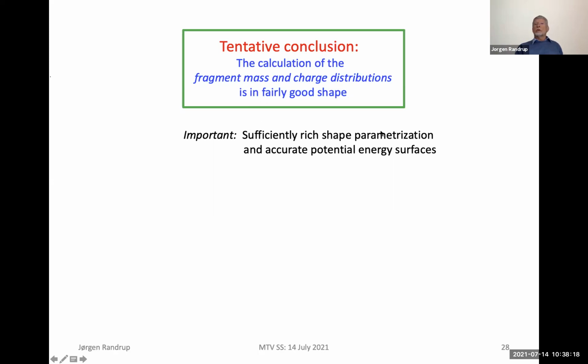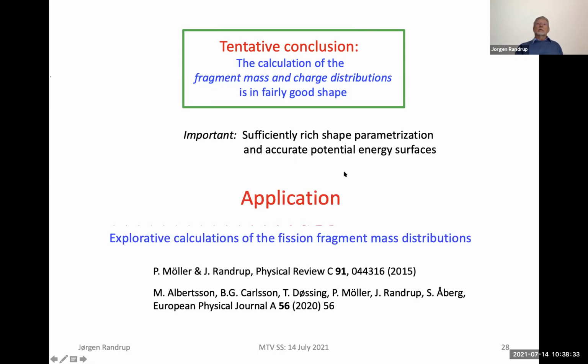But it's important to have a good shape parameterization, so that the nuclei can become asymmetric, for example, and so on. And this in turn relies on the potential energy surfaces having the shell effects and all of that correct.